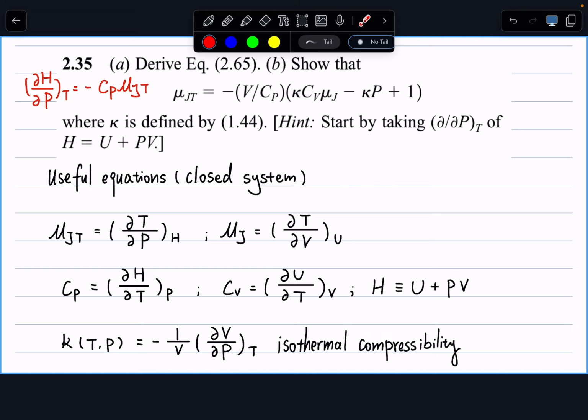At the same time, we can do this partial derivative based on enthalpy equals U plus PV. That's in our hint. So let's do that. What do we have?